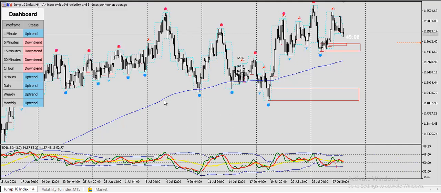So the question that comes to mind is, where do we get into this market? In order to do that, we look for our nice order blocks. We can do this without these indicators, but like I said, especially for beginners, anything that will make the job easier, we would explore it.